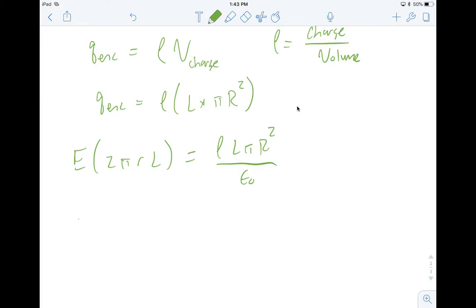Solving for the electric field, if I divide by 2 pi r L, the L's cancel, and so do the pi's. We're left with rho big R squared divided by 2 r epsilon naught. And that's it for the electric field outside of that cylinder.